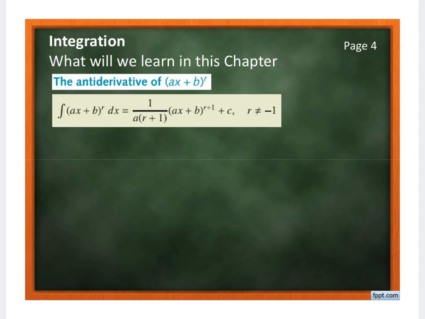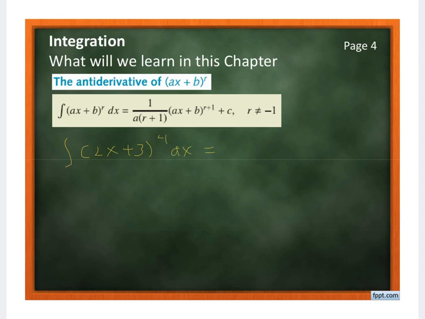You see an example here. Antiderivative of 2x plus 3 to the 4, for example, dx.